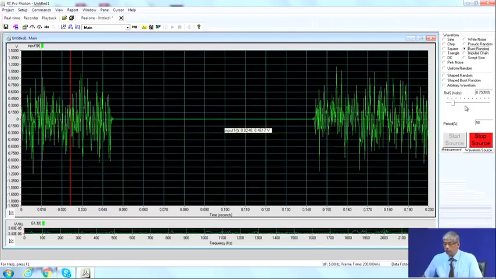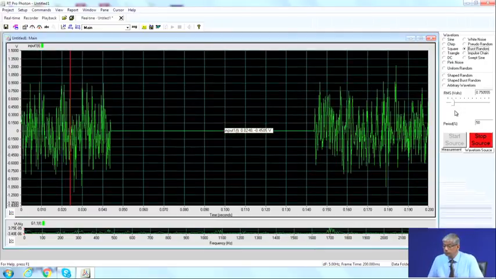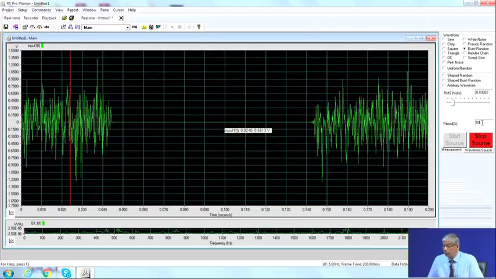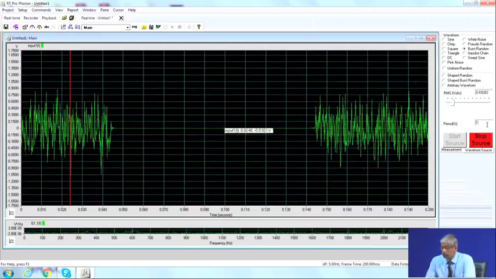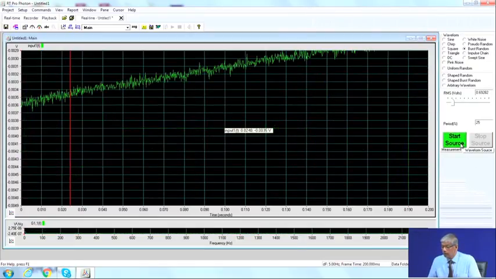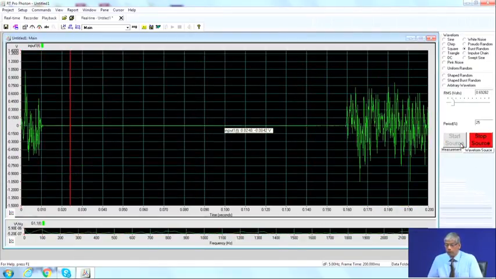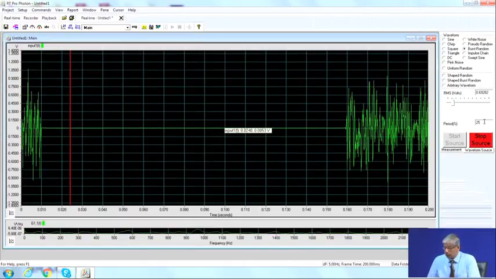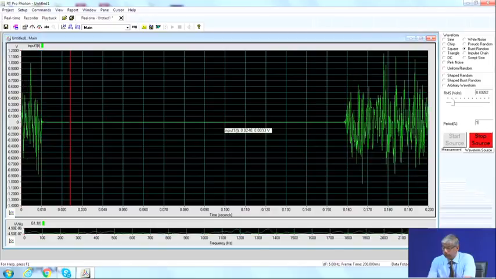The burst random noise, you see this 50% period. I can change this to 25% period and so on. Let's see what happens if I make it 100%.